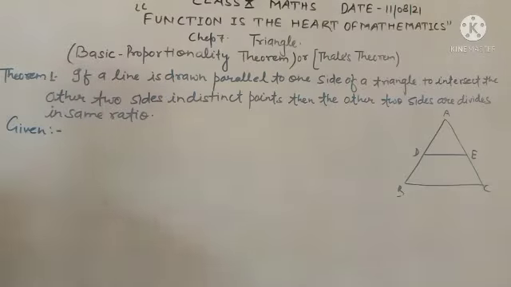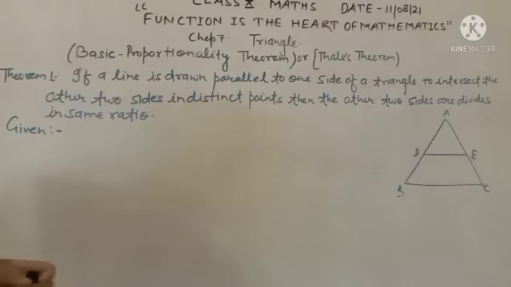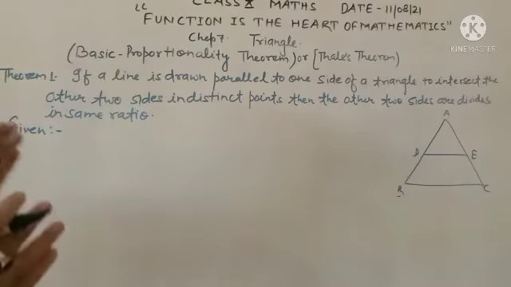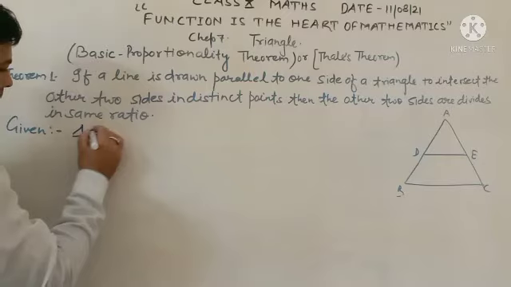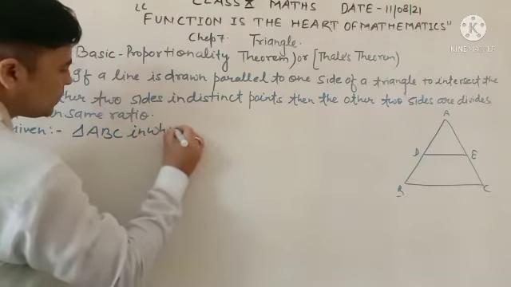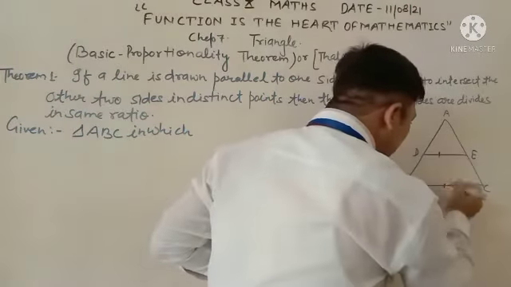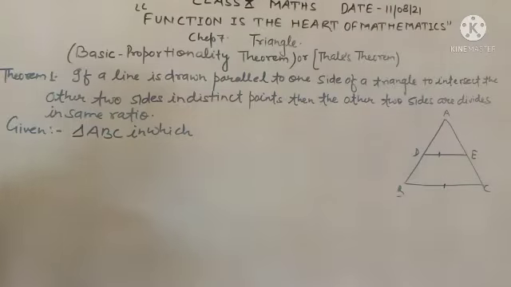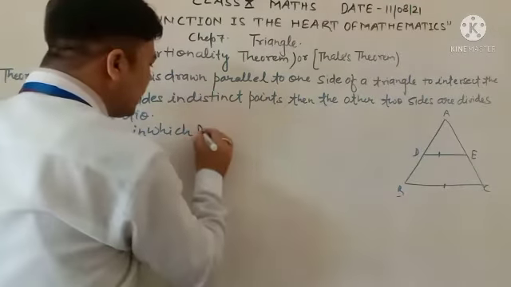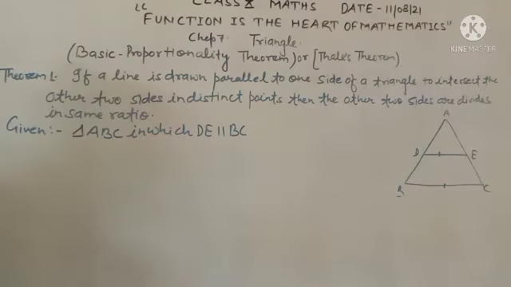You have given triangle ABC in which DE is parallel to BC.